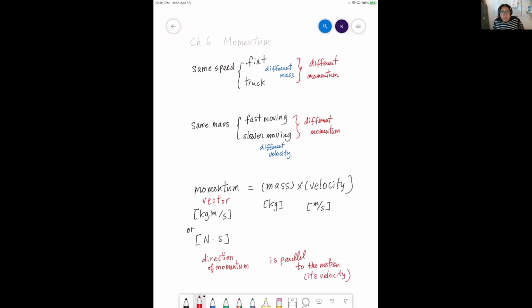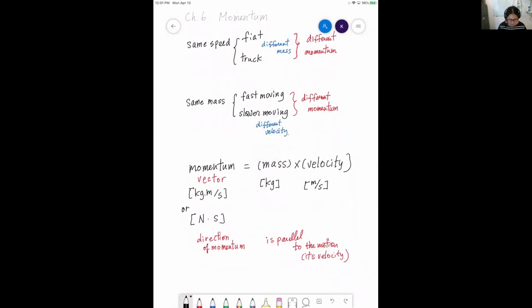Since momentum is a vector, the magnitude is mass times velocity, or the speed, and the direction of momentum is parallel to the velocity. So this is the definition of momentum.